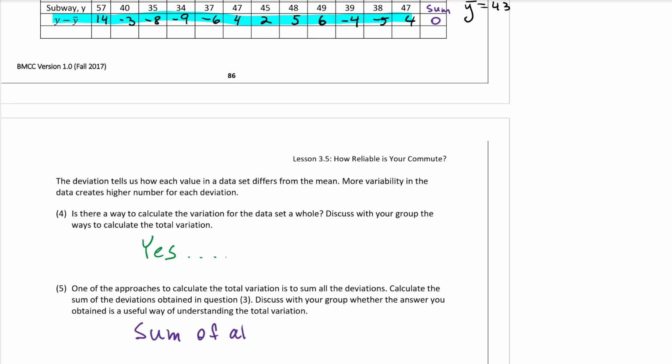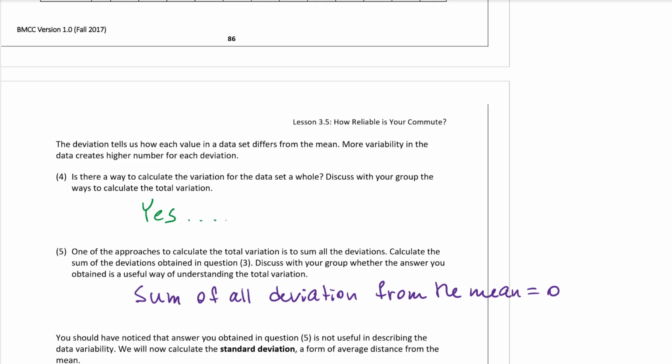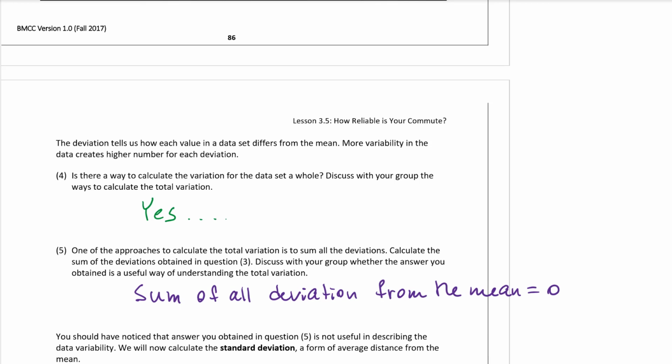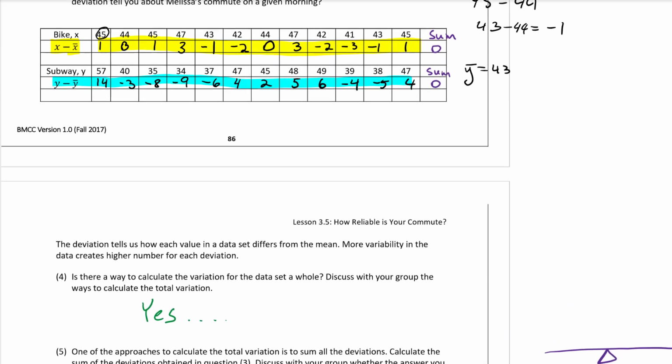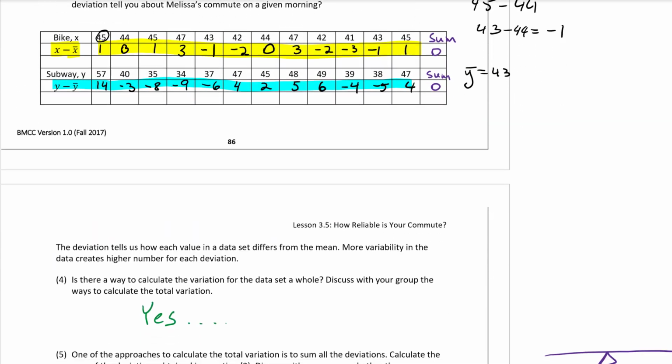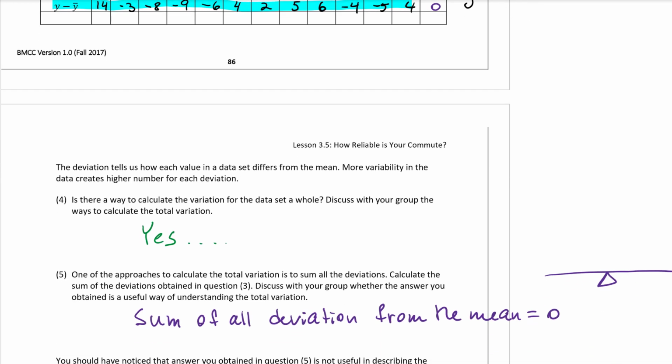So the sum of all deviations from the mean ends up being 0, which should happen all the time. The reason it becomes 0 is that, let's say for the bike, the average was 44, right? 44 is like a balancing beam, where whether you go left or right, it levels itself out.